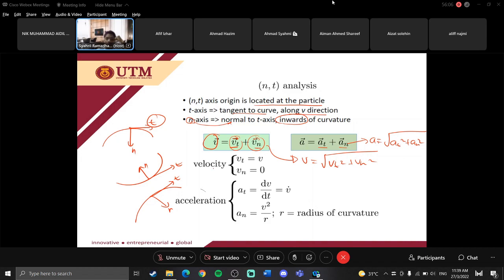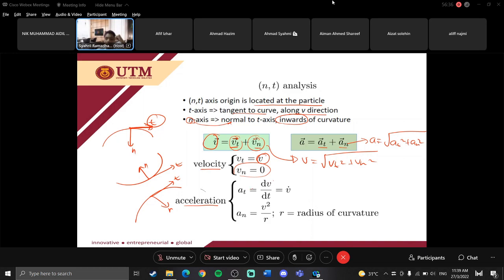So for velocity, we have only velocity tangent. We don't have a velocity normal, because it follows the direction of motion, and the direction of motion is always tangent to the curve. And then for acceleration, the acceleration tangent is related to this v, vt.